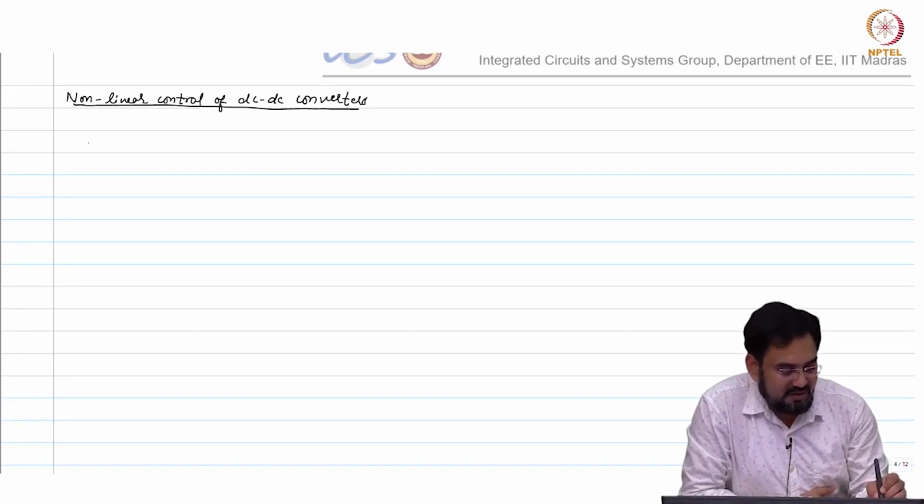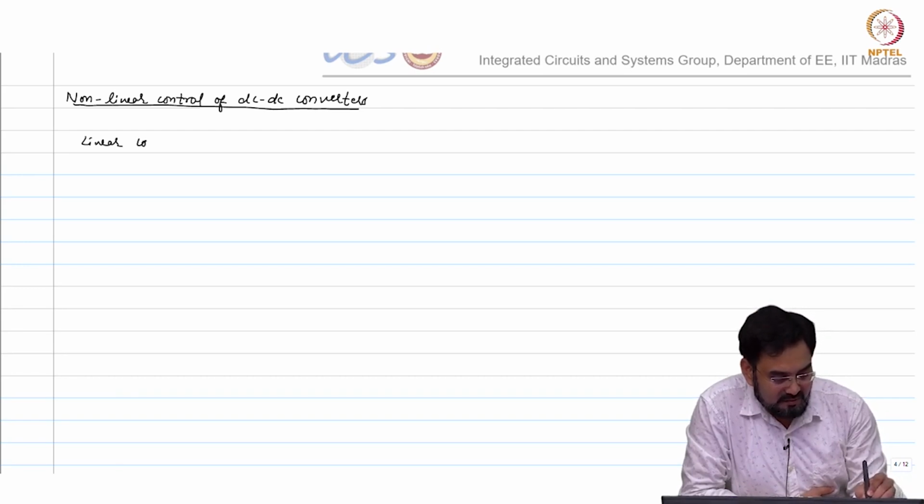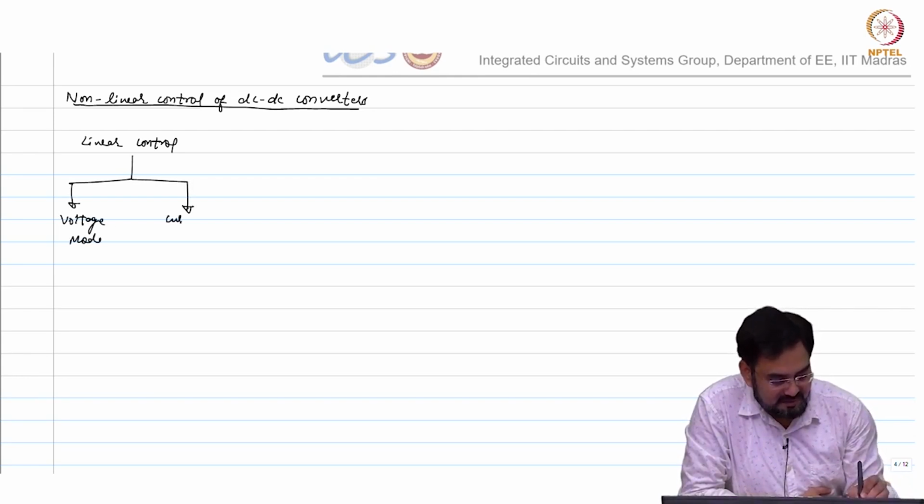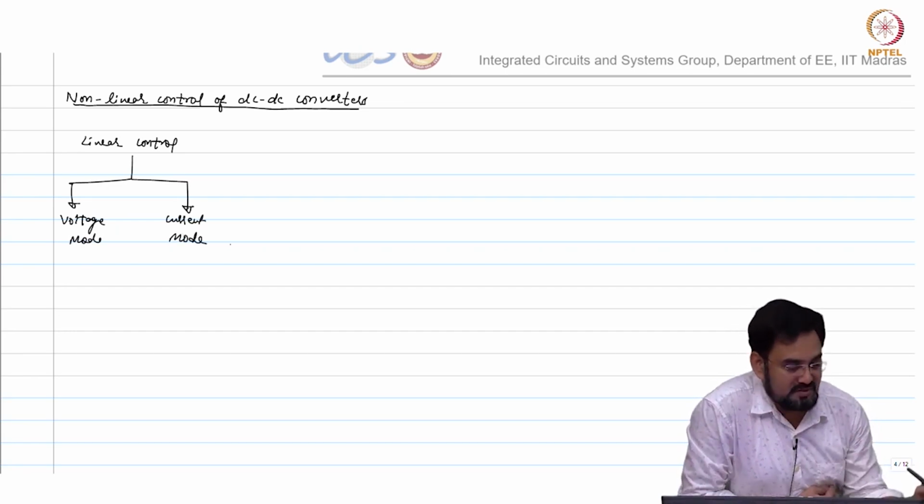So far we talked about linear control. In linear control, we looked at voltage mode and current mode.